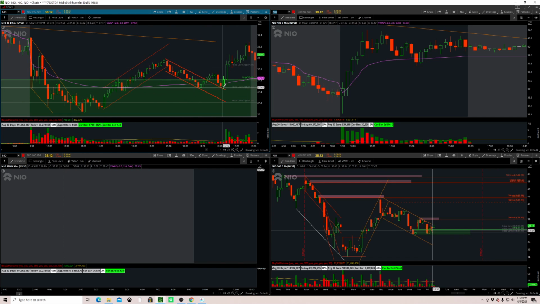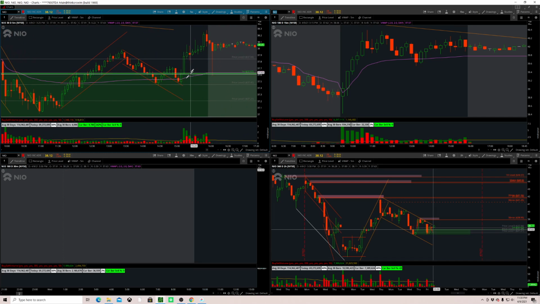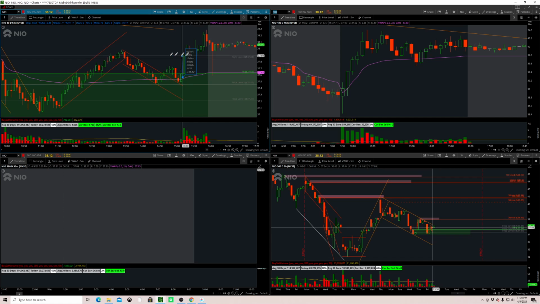And as you can see, a double bottom. This would have been a good one to go long, because as we come back to test it again, getting in on the break of this candle would have been a good 2 to 1 at least. And we could have also tested this high, which would have been a good exit.